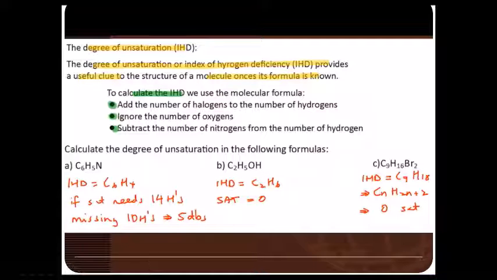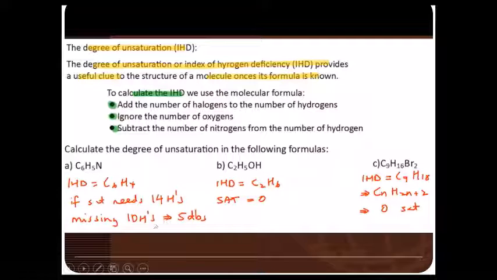If it were saturated, it would need to have 14 hydrogens, so we're missing 10 hydrogens.